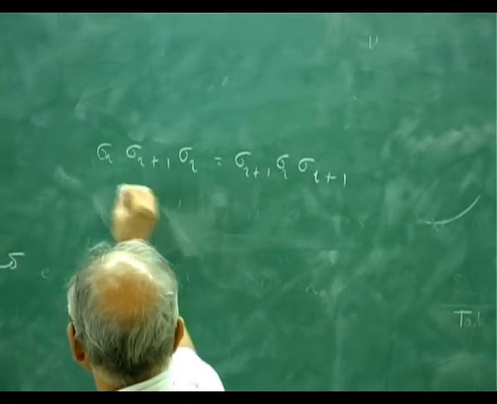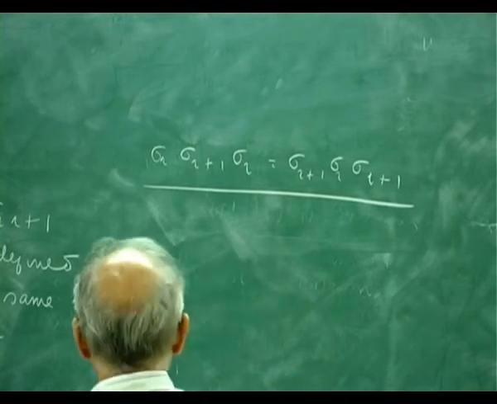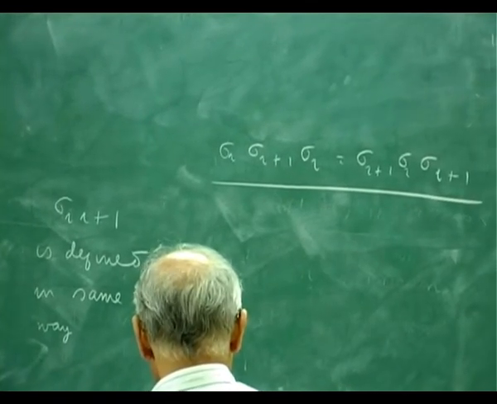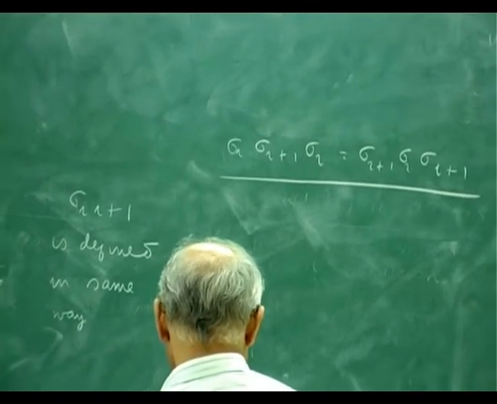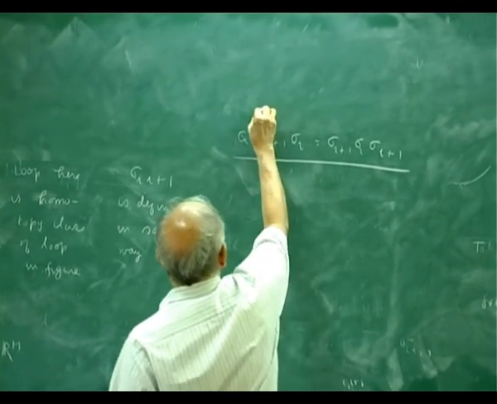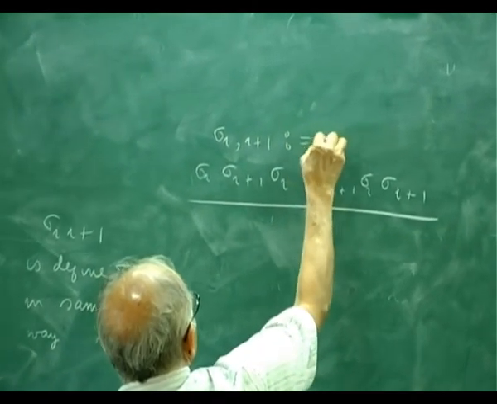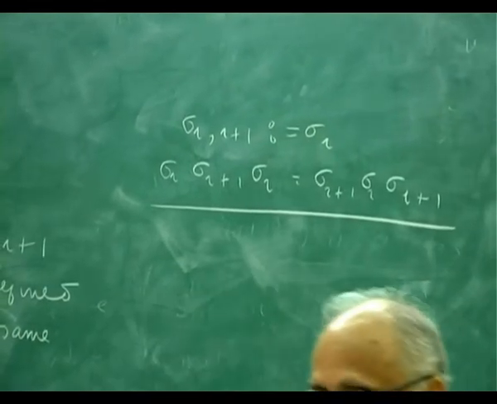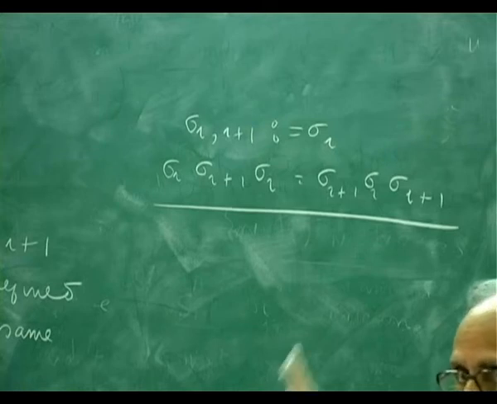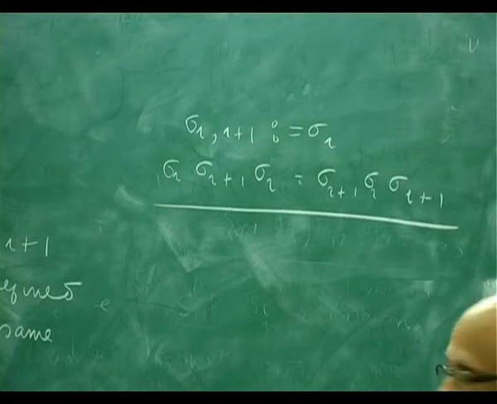I want to prove this. Here I have put two indices there. Because I am only looking at transpositions of adjacent letters, I can simplify it. So that's how they write it.